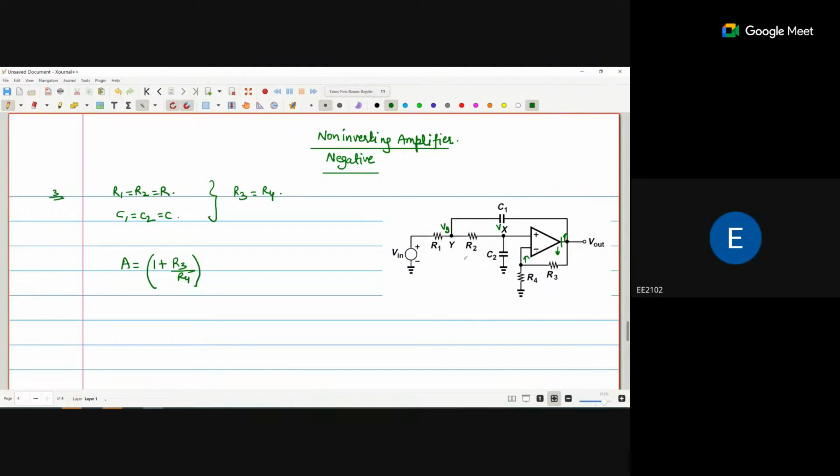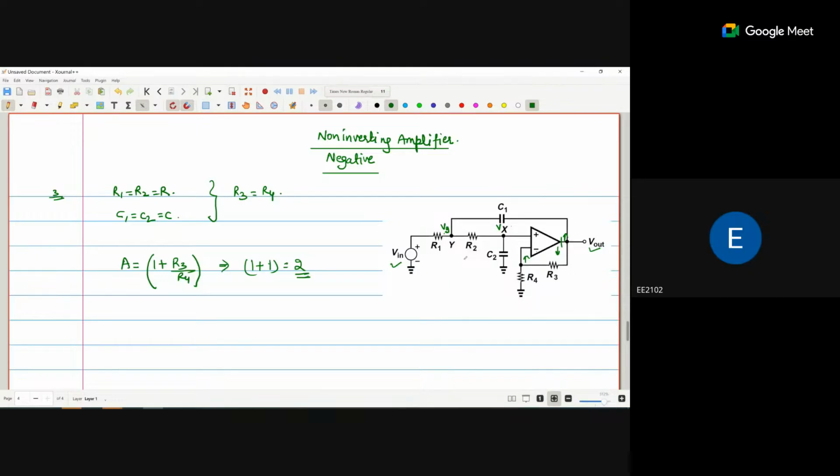Since R3 and R4 are equal, 1 plus 1 is 2, so gain is 2. Now apply the KCL. We have two nodes Vx and Vy, so we require two equations to eliminate these two unknown variables and finally find the transfer function in terms of V0 and Vi.